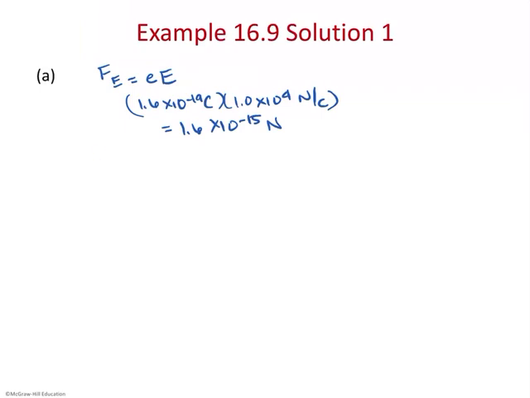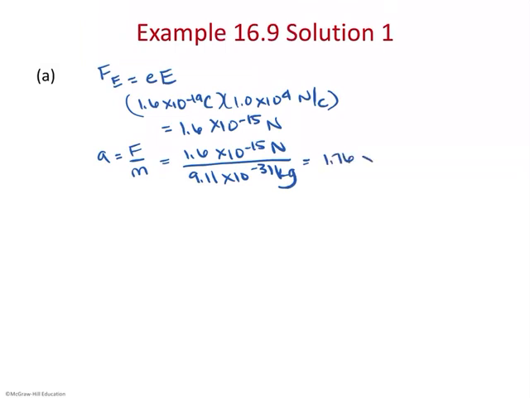Now, as far as acceleration is concerned, acceleration is force divided by mass. Well, we just found the force. So we've got 1.6 times 10 to the negative 15 newtons divided by the mass of an electron, which gives you an acceleration of 1.76 times 10 to the 15th meters per second squared. All right.